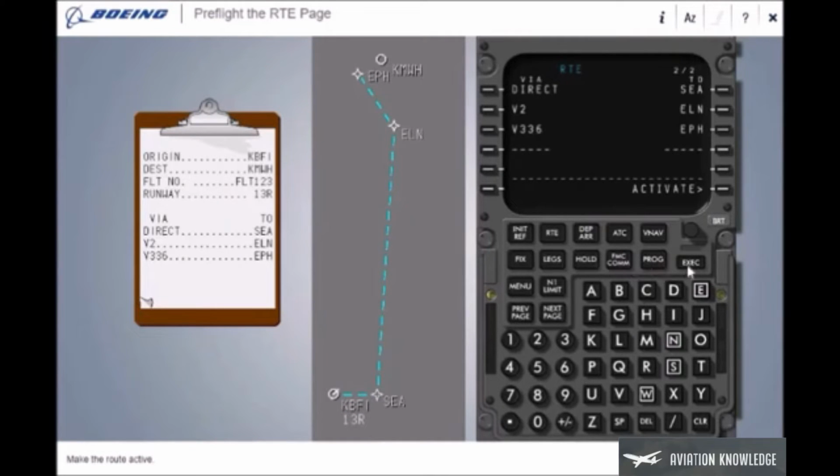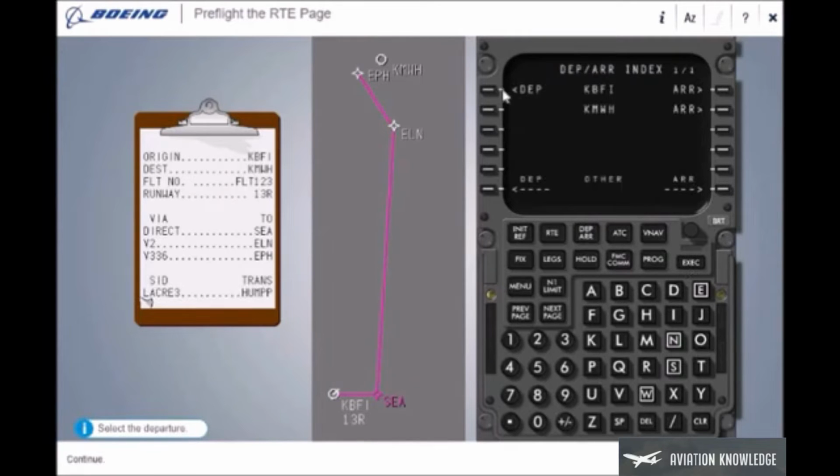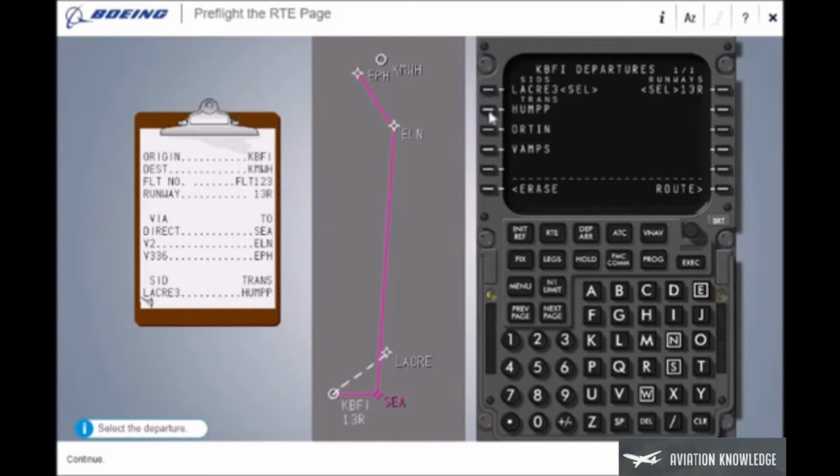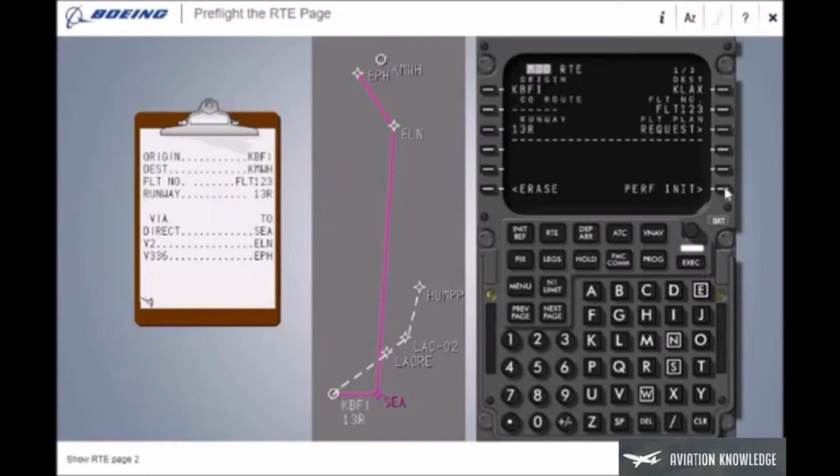Make the route active. Next, select the departure. Show the route page. Show route page 2.